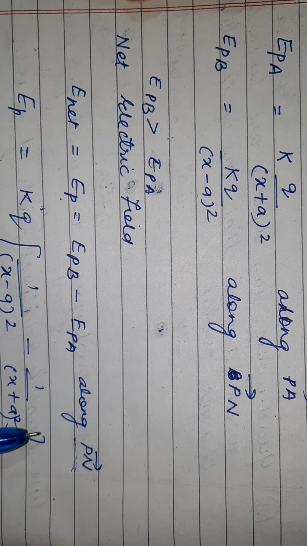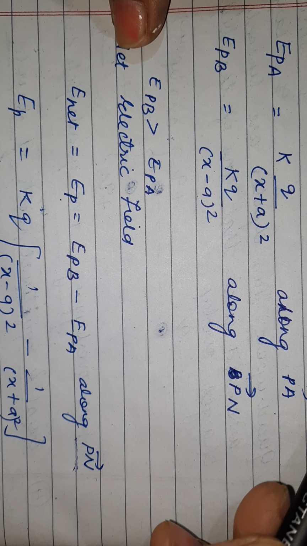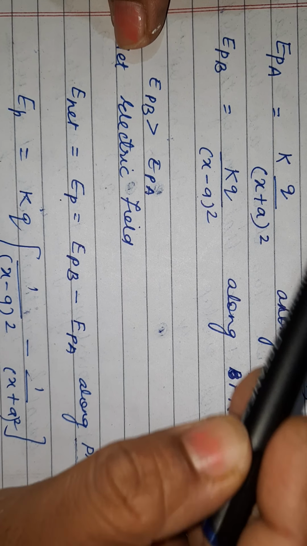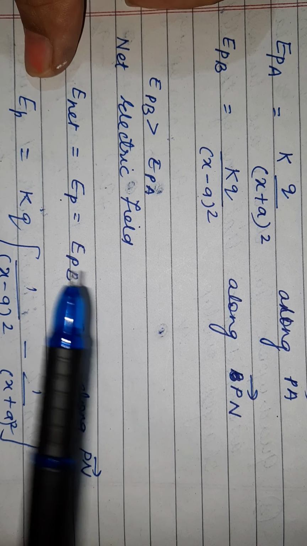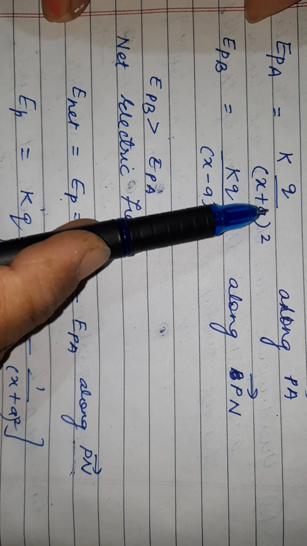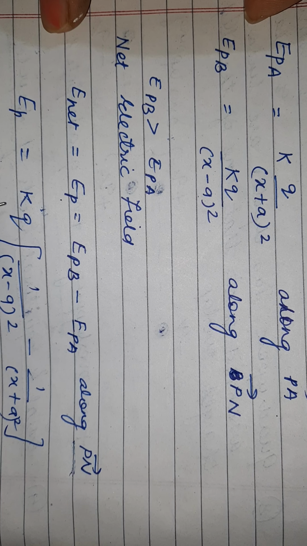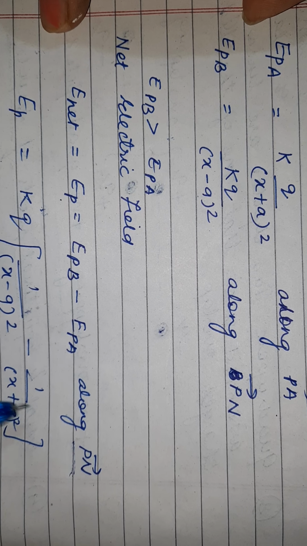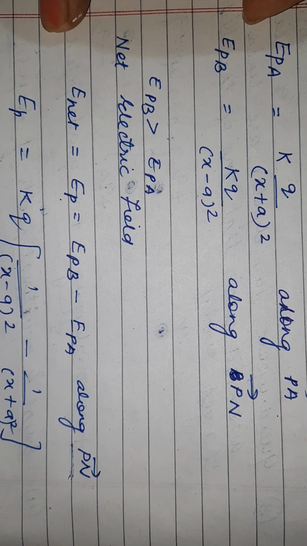So net electric field will be electric field due to the positive charge minus electric field due to the negative charge. Fine. So we'll put in the values from these two. We'll take out KQ as common, and inside the bracket it will be 1 upon (x minus a) whole square minus 1 upon (x plus a) whole square.